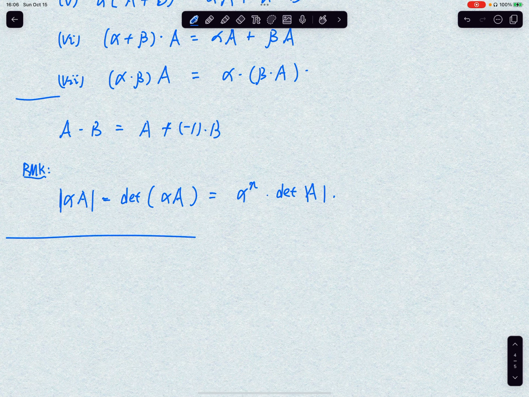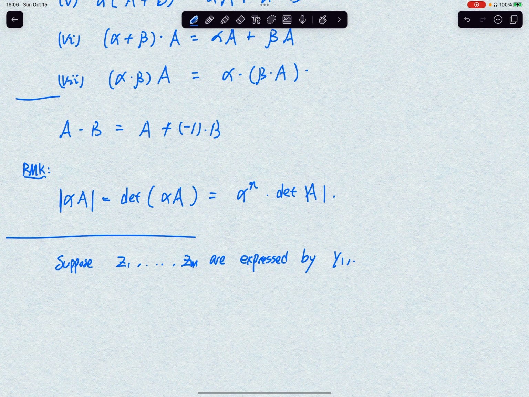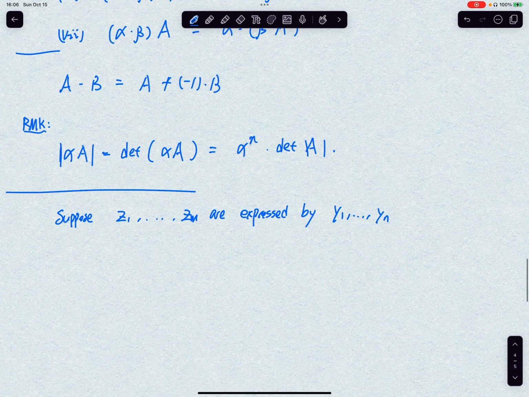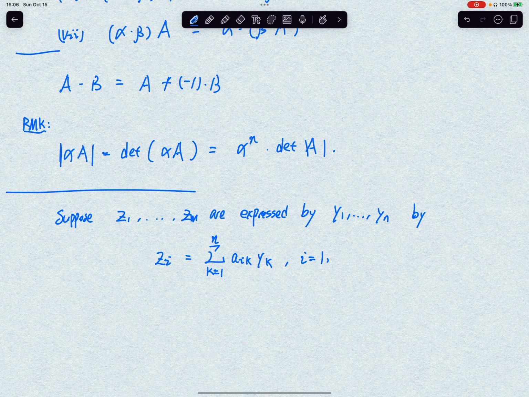So suppose that we have variables z1 up to zm expressed by y1 up to yn by the transformation z_i equals the sum over k from 1 to n of a_ik y_k, for i equals 1 up to m.